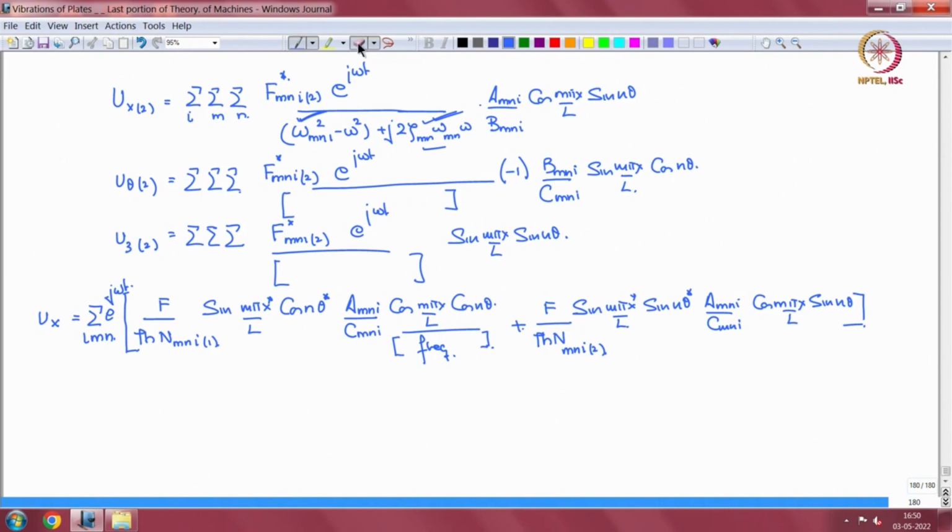We can put e to the power of j omega t on the left.